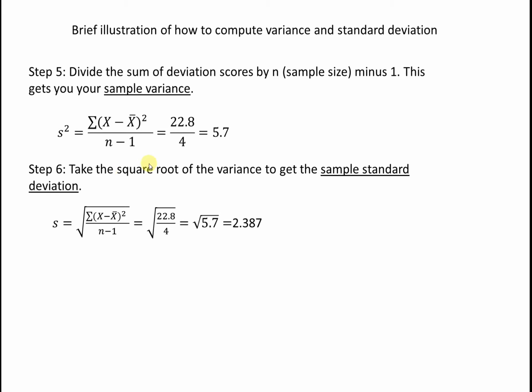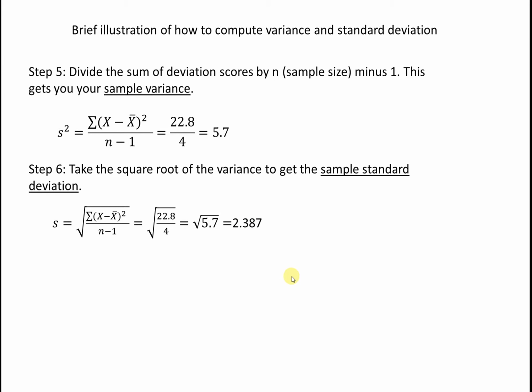If we take the square root of the variance, we get the sample standard deviation. So we're just taking the square root of the 5.7, which you see right here, and that gets us 2.387. The sample standard deviation is oftentimes reported in research reports and so forth because it's an index of variation in the original raw score units.